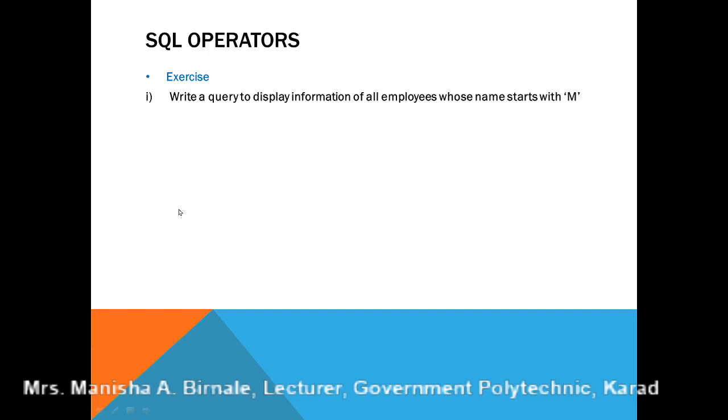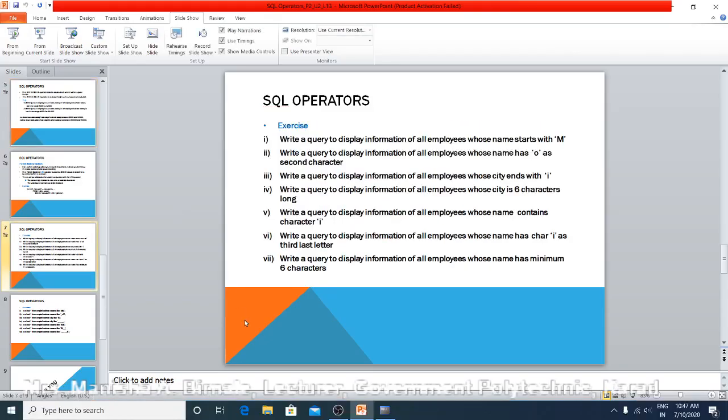Let us see an exercise. Write a query to display information of all employees whose name starts with M. We have seen the empinfo table. We want to write a query for displaying information of all employees whose name starts with M. Let us see how to use the pattern matching operator for it.